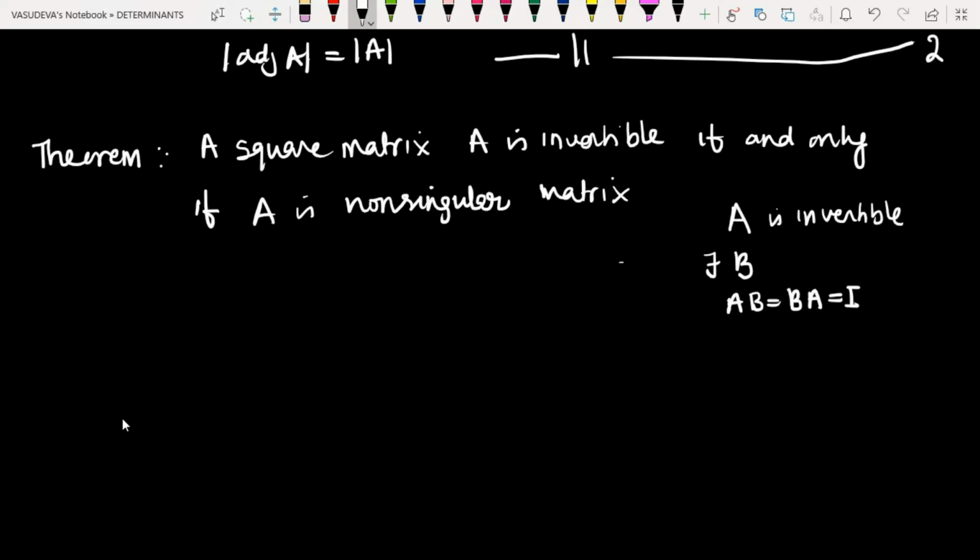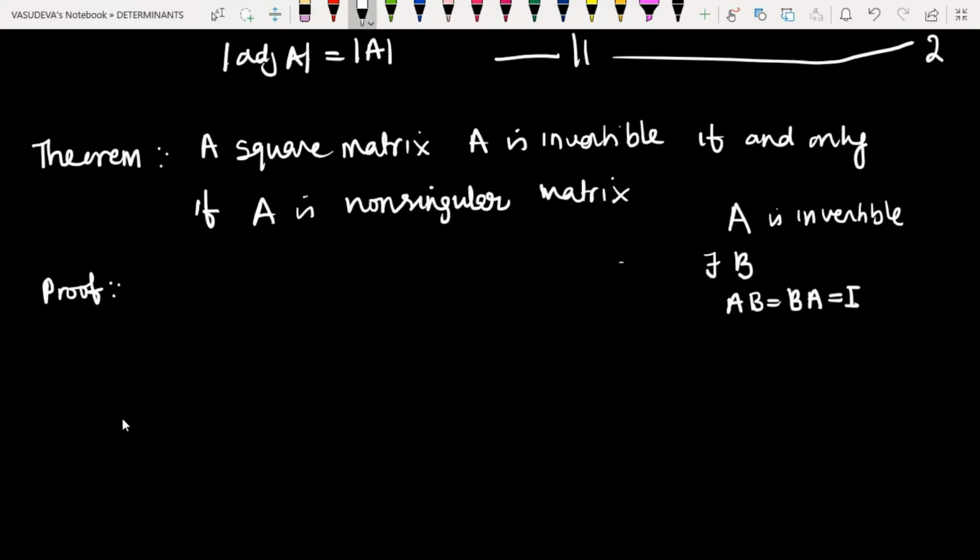So now let's take the proof of this result. A square matrix A is invertible if and only if A is a non-singular matrix. We have to prove both the direct part and the converse part.